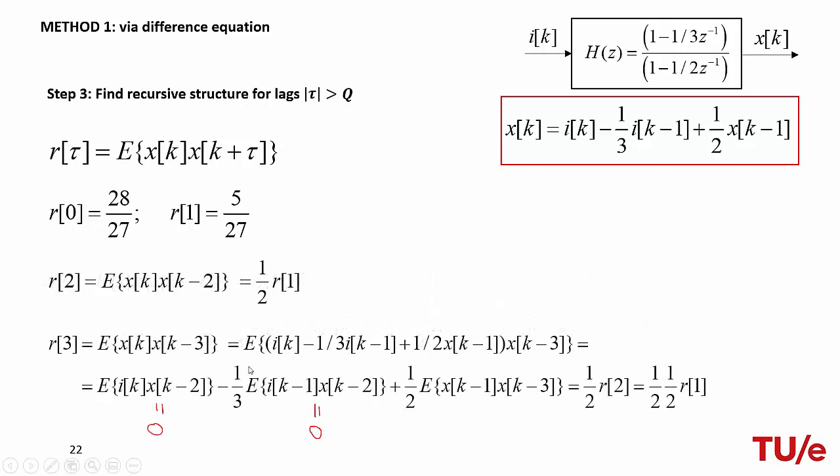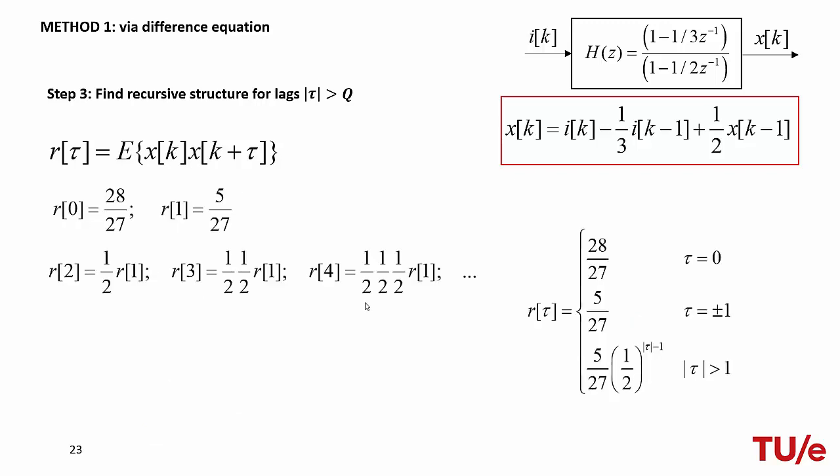Similarly, we can obtain the same for the correlation lag 3. We have two components equal to 0, and this one, this time, is the autocorrelation of x at lag equal to 2. But this one we know is equal to 1/2 the autocorrelation of x at 1. So now we can already appreciate the recursive structure given by the autoregressive component.